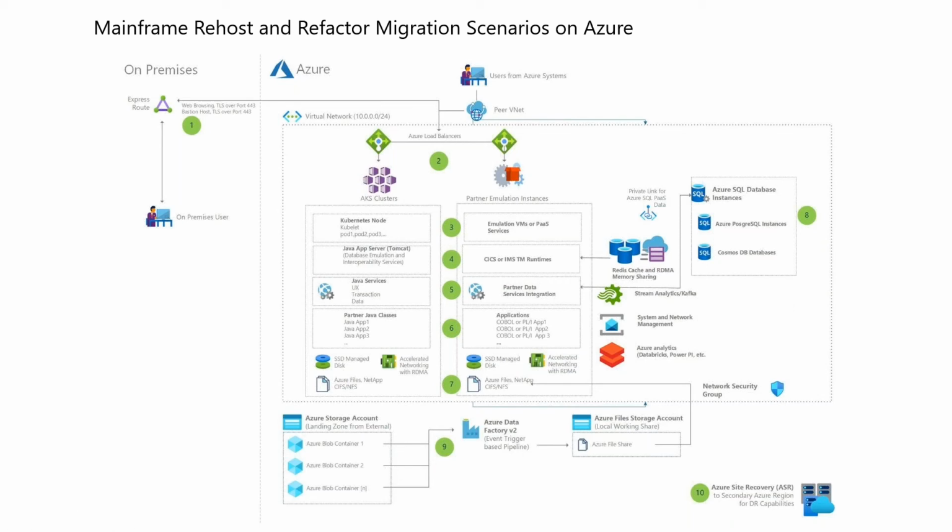And by the way, since I do have that data running in Azure, I can integrate that with the analytics that was discussed in the prior session. And I could do it through this style or in this style, which is more of a rehost, where I'm using a partner solution to give the capabilities in VMs or PaaS services to provide things like CICS or IMS transaction monitor emulation.